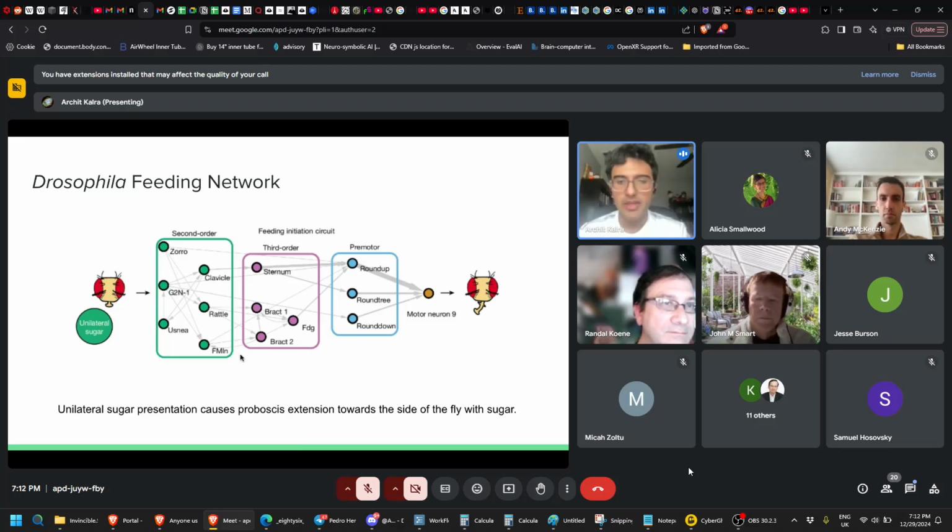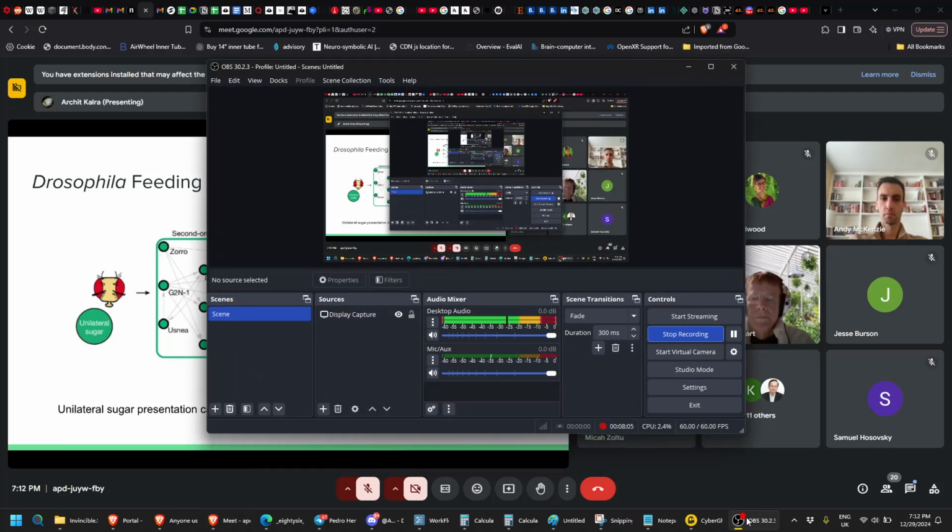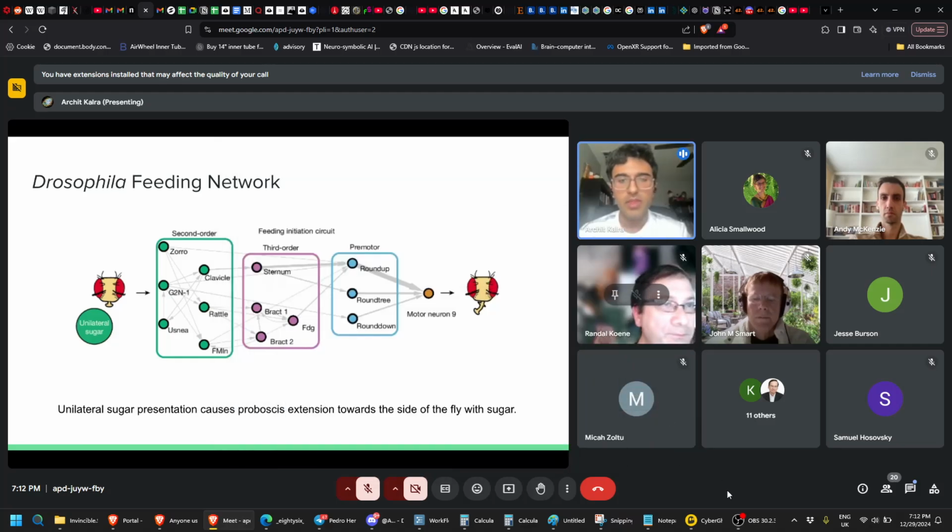There's a bit of a complicated circuit here, but it's actually perfect for analyzing the efficiency of this connectome, because all of these neurons have been recorded and all of their weights are present in the connectome. You can essentially copy-paste these into a leaky integrate-and-fire network to analyze how certain upstream stimulations, for example stimulating a particular sensory sugar neuron, can show downstream activations.